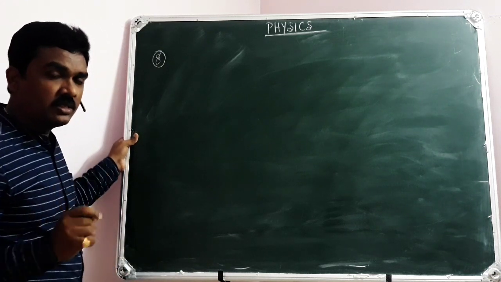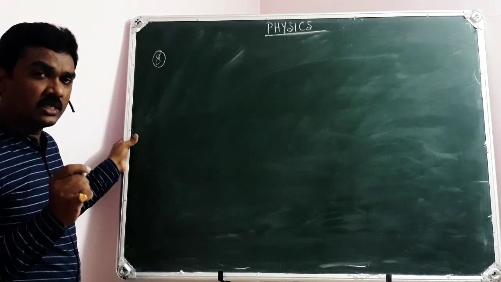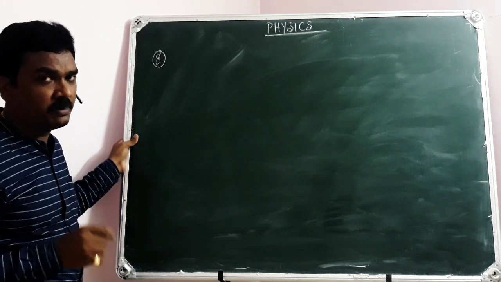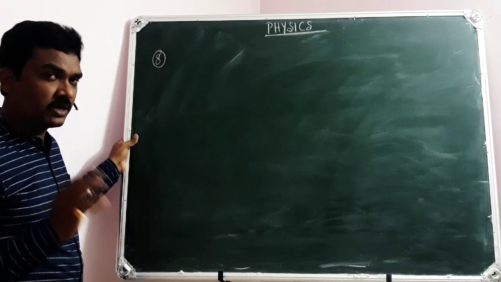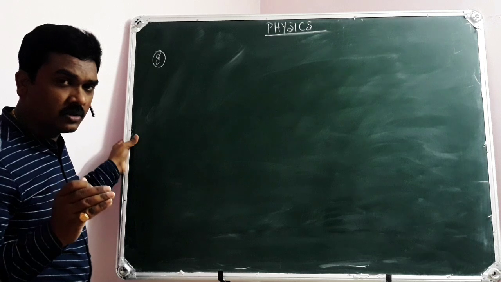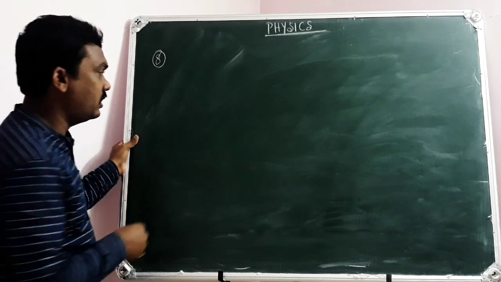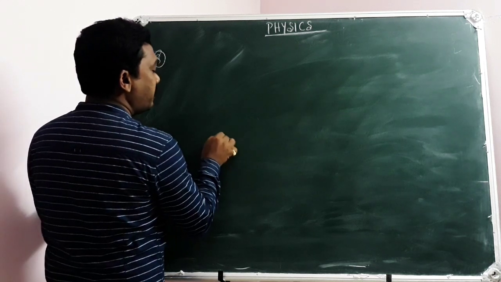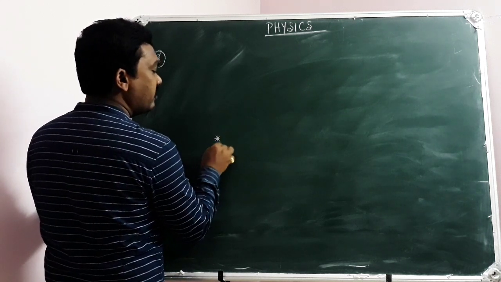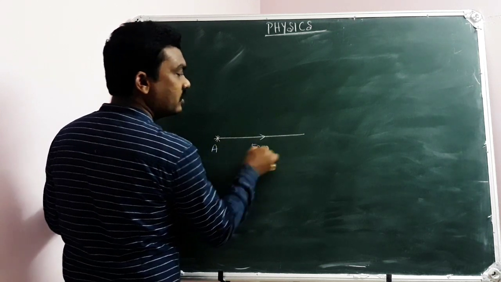So the 8th question is: a person goes a distance of 50 meters along a straight path and then takes a left turn. What distance is he traveling? For example, here a person has started at point A, has traveled along the straight path for 50 meters.